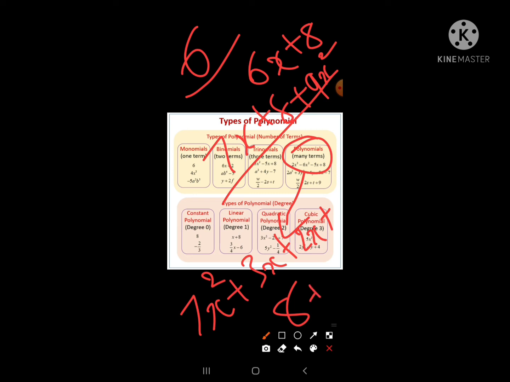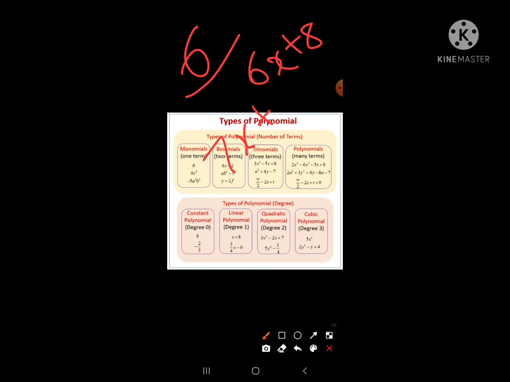You can write 7 also here. If there are 5, 6, 7, 8 terms, you will categorize it as a polynomial only. Monomial has one term, binomial has two terms, trinomial has three terms. The word mono itself says one, bino two, and trio means three. So remember it. I think this is clear for you.